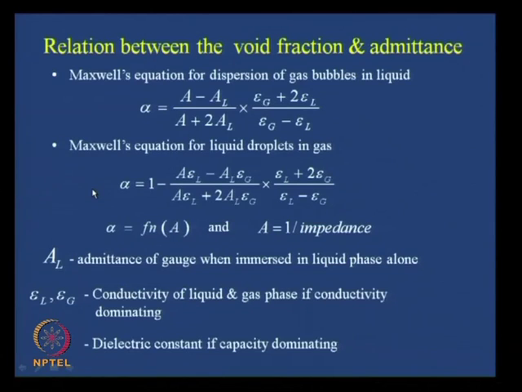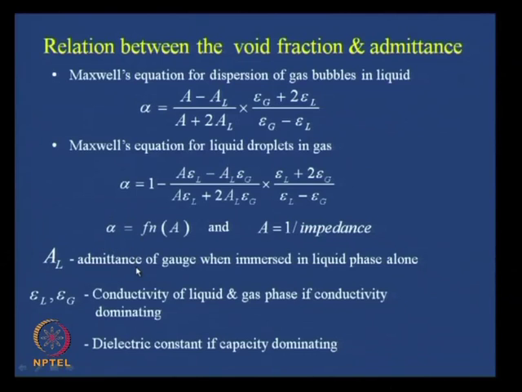So we find that even for dispersed flow, if the dispersed medium and the continuous medium are interchanged, keeping everything else constant, alpha is different for the two cases. We have different expressions for alpha when gas bubbles are dispersed in liquid and when liquid droplets are dispersed in gas.